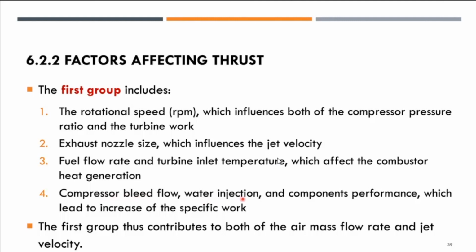Water injection in the combustion chamber, just to reduce the temperature inside the combustion chamber, can also affect the thrust. Other components' performance, the turbine and compressor performance, as well as the combustion chamber performance, can also affect the thrust. So the first group does contribute to both the air mass flow rate, m dot, as well as the jet velocity.